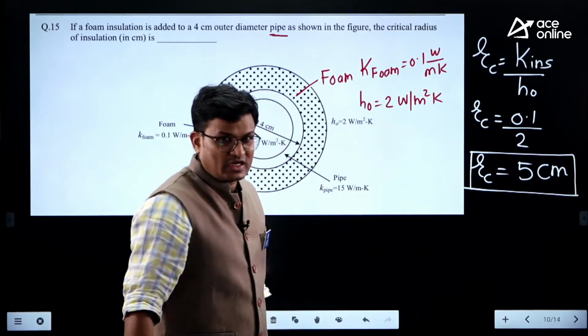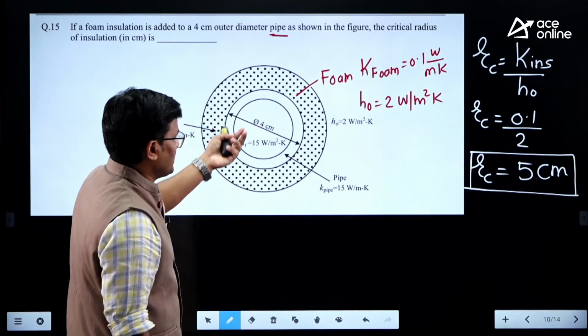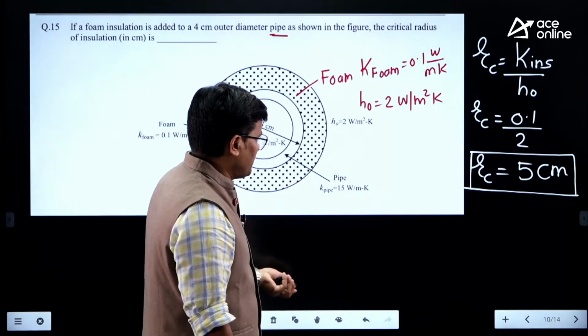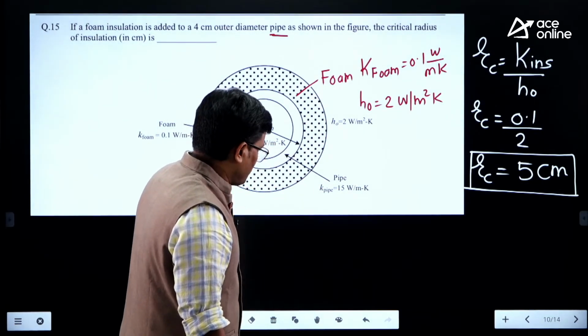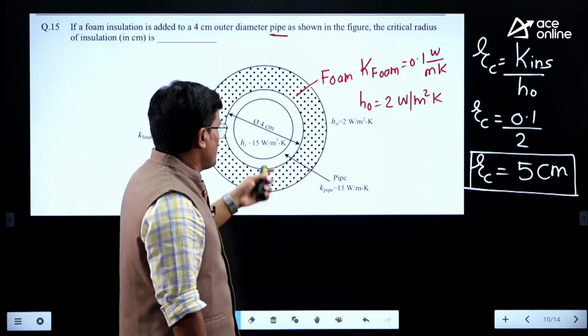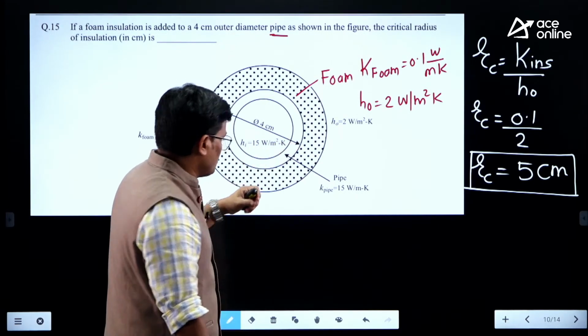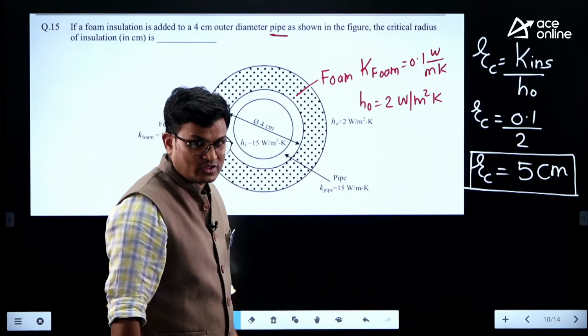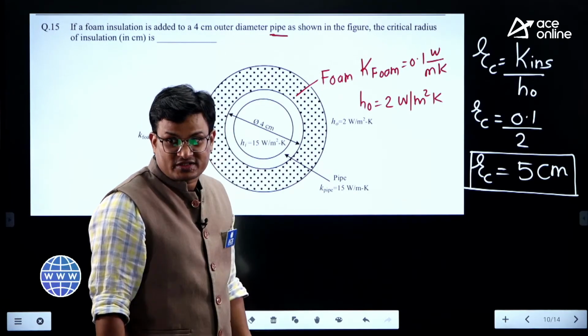So this is the case, K foam, H naught, and RC is 5 centimeter, right? Very simple. Where is the chance of making a mistake? You should not use HI and you should not use K of pipe. You should use K insulation by H outer. Simple question. Next one.